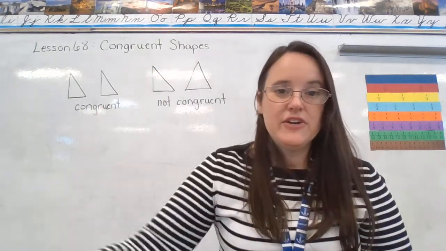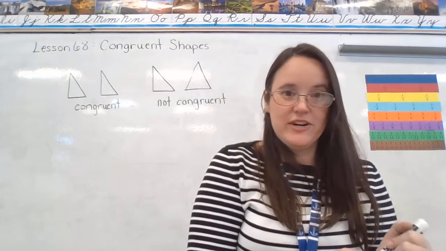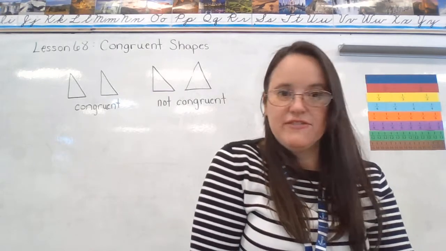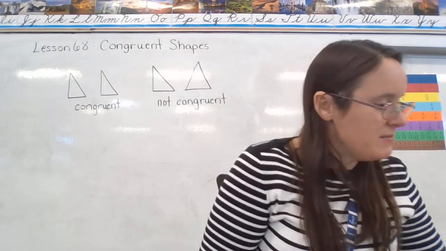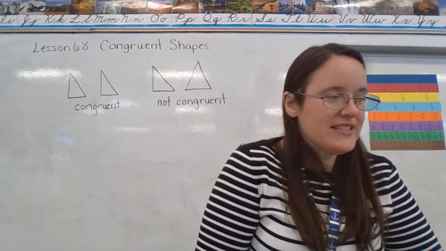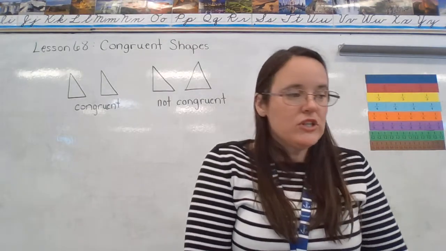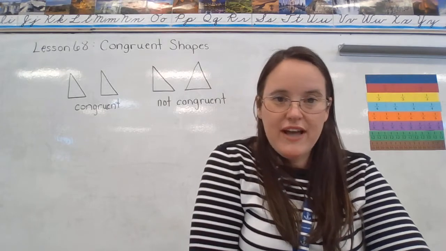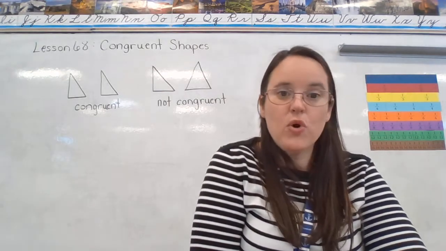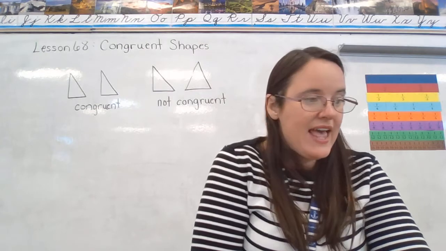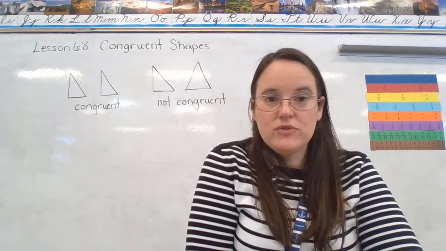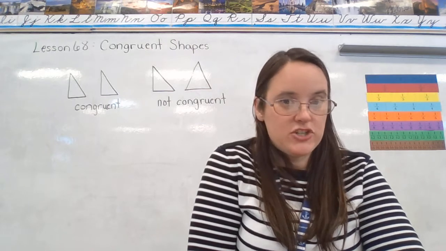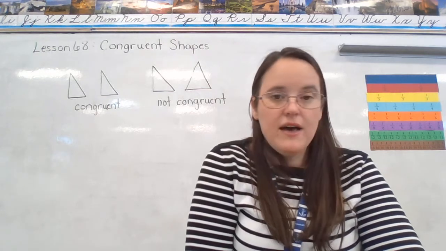So here is what I want you to do before class. There's a little activity, and if you're not in my class, you can still do this with your homeschool parent. The activity is on page 370. I want you to look around your house for two shapes or two objects that are congruent. So it might be you have two of the same things. You might want to check your Lego box.